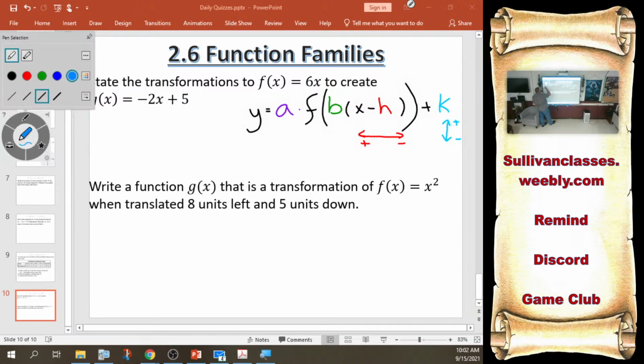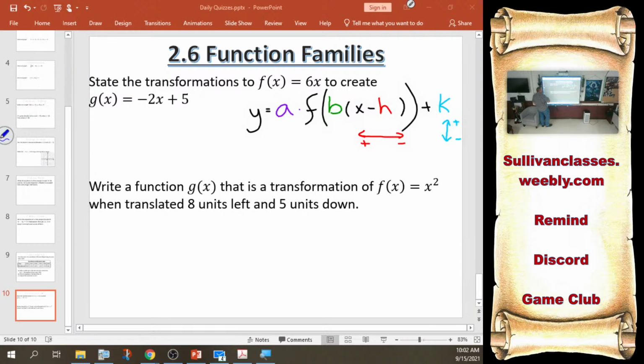Never mind. There. If I take this and turn it into this, 6 changed into a -2. Do you see any parentheses up there?